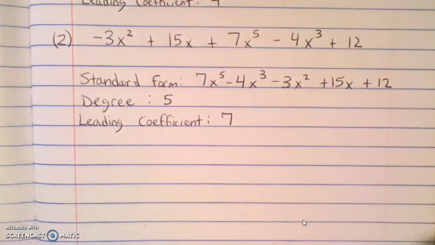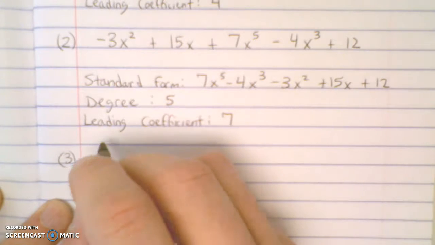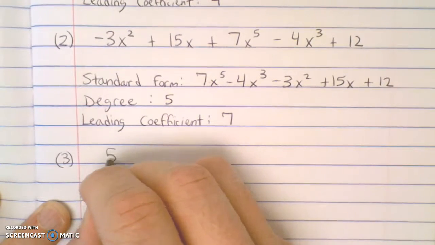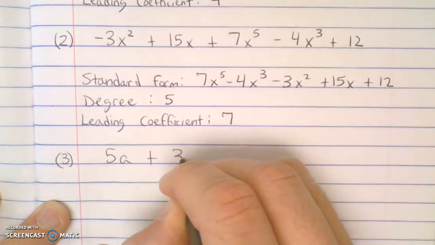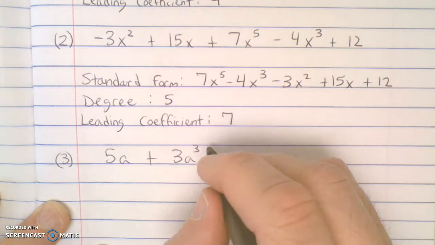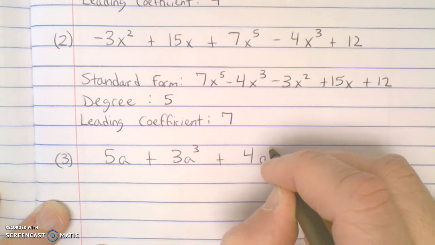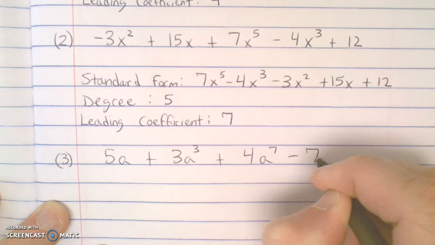One last example, and then you guys should be good to go. Let's say I gave you this problem. 5a plus 3a cubed plus 4a to the seventh minus 7.